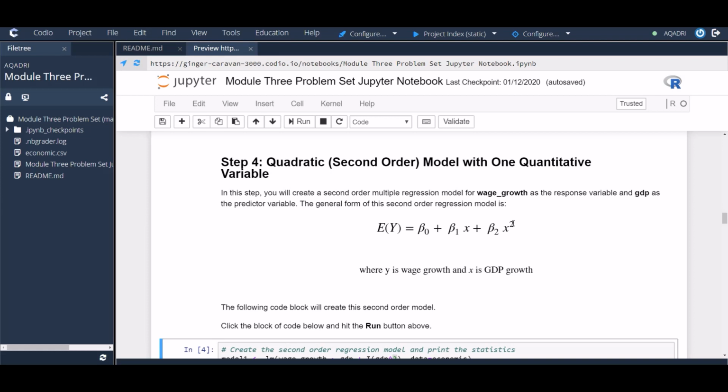Now, here we're considering the most basic model with just one predictor. So we can have multiple predictors, and as long as they show some kind of a curvature relationship with the response variable, you can keep adding their squared terms.